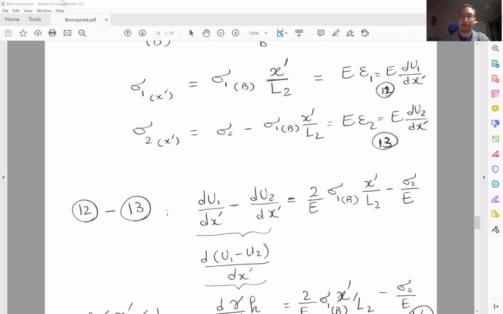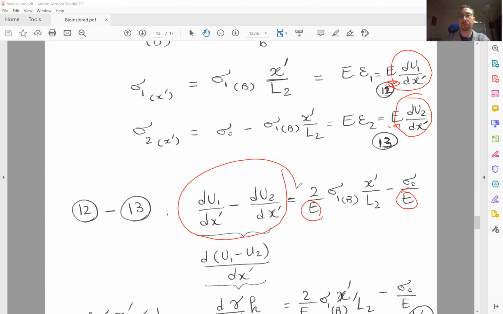when I am subtracting this from that, I can factor out E, take it to the other side, and I have du1 minus du2 over dx. And keep in mind, I can write this as d(u1 minus u2) divided by x prime, and u1 minus u2, I hope you remember, is nothing but gamma times h.